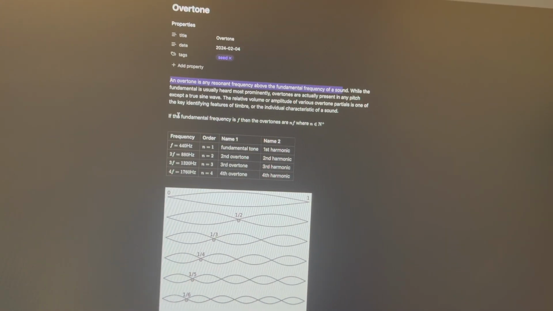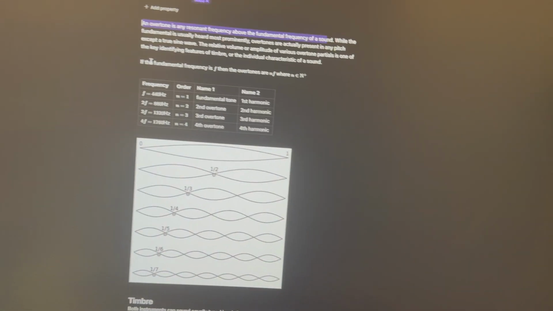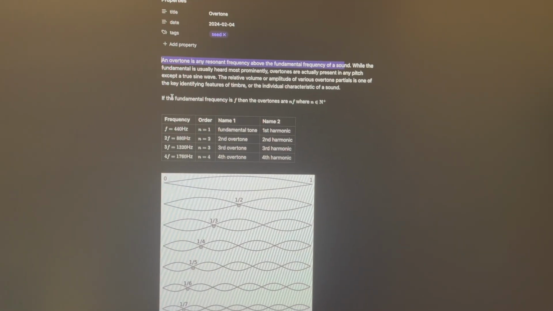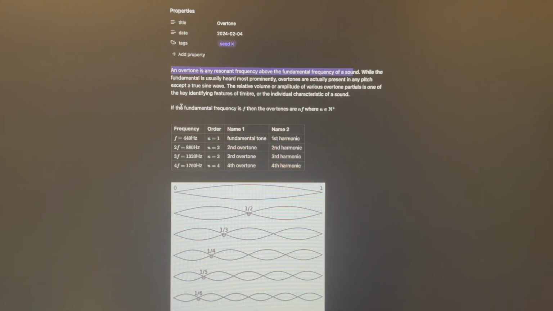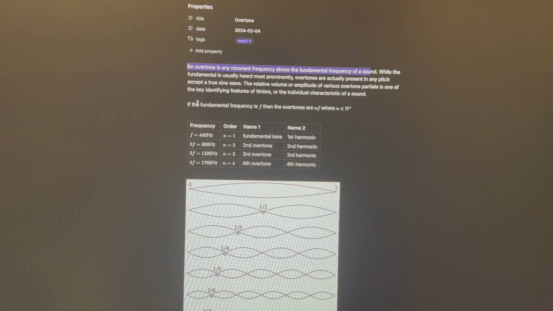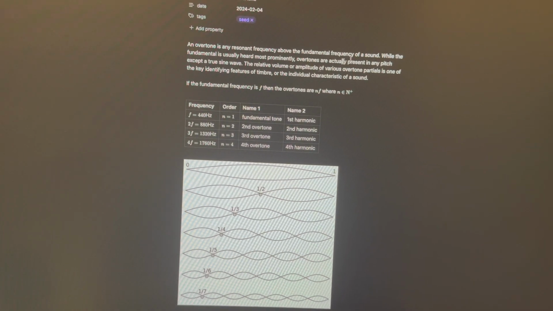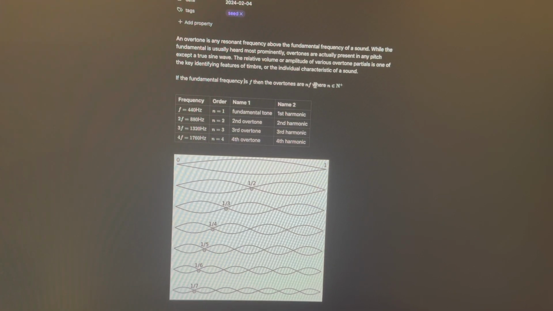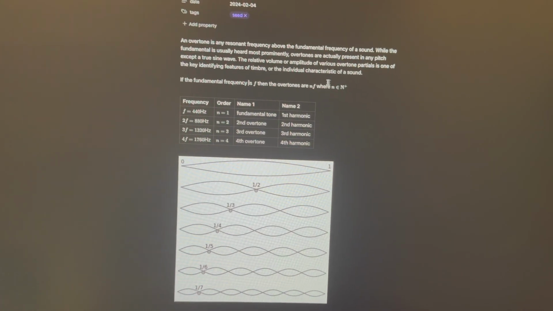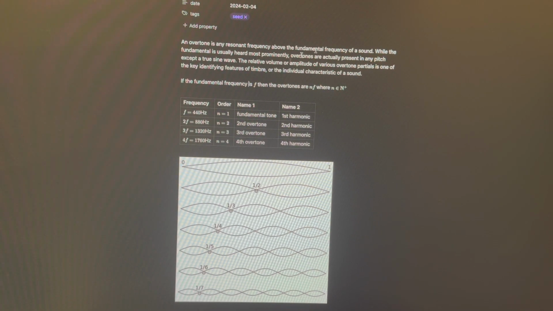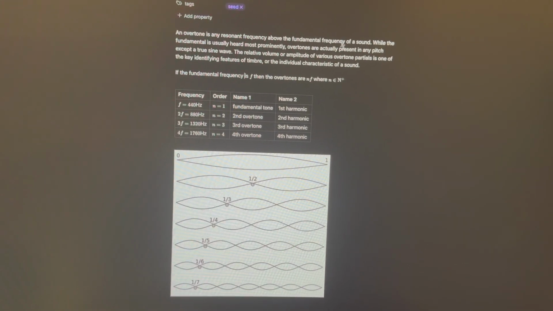So when we say you're playing an A note, the standard concert tuning for an A note is A equals 440 hertz. Any overtone is basically this fundamental frequency f, which in our case is 440, multiplied by some positive integer n.